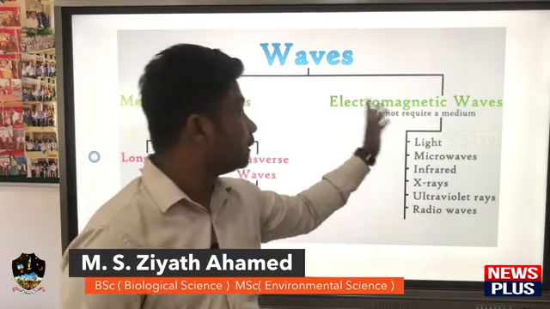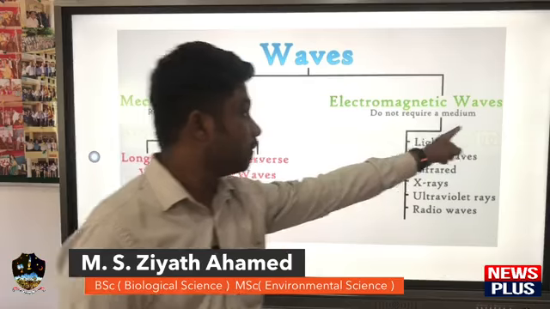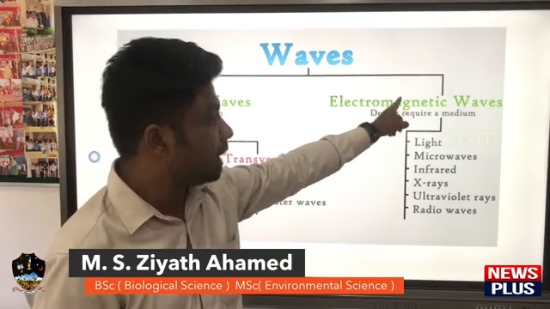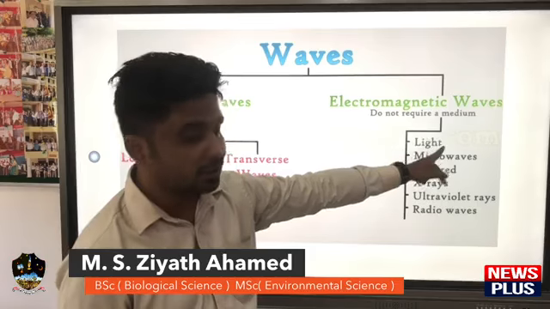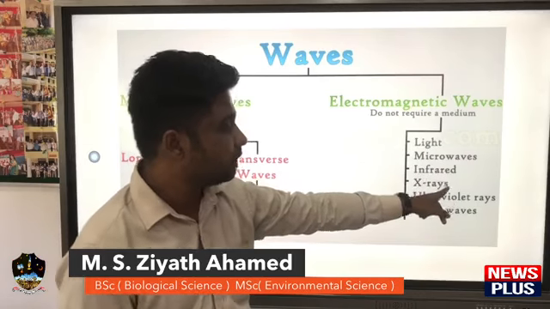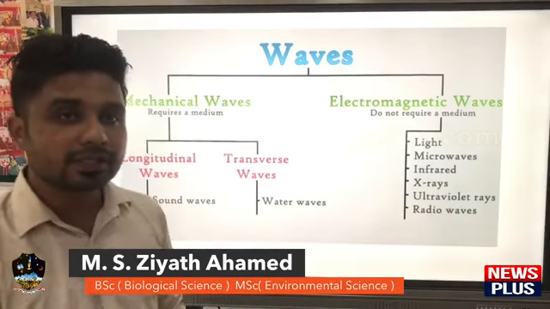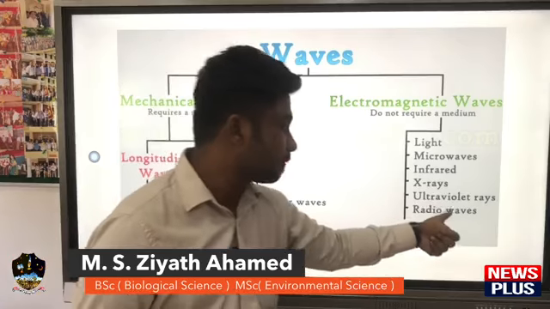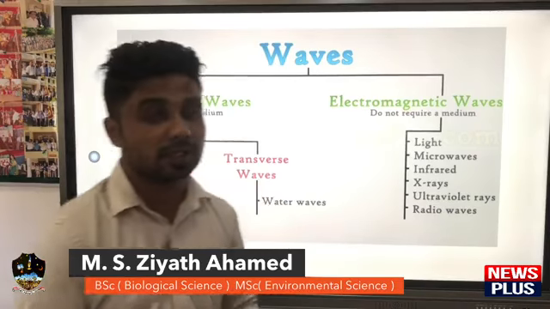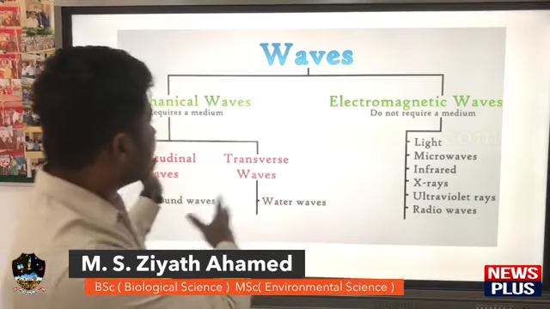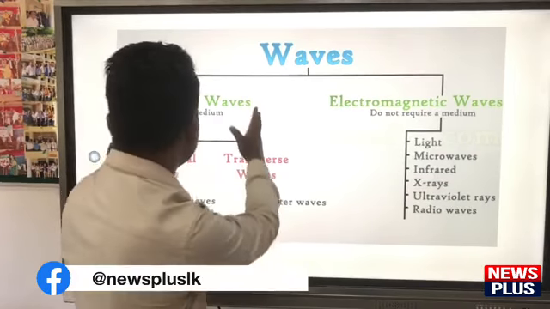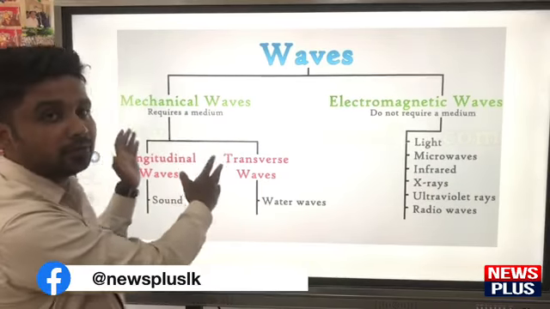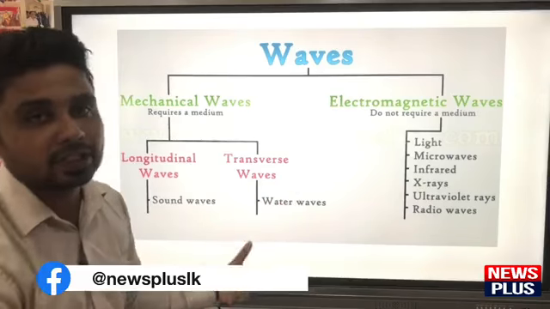Again, another one, electromagnetic wave. Examples of electromagnetic waves are light, microwaves, infrared waves, X-rays, ultraviolet rays, and radio waves. So in this lesson, we'll be talking about what is mechanical wave and its physical properties.